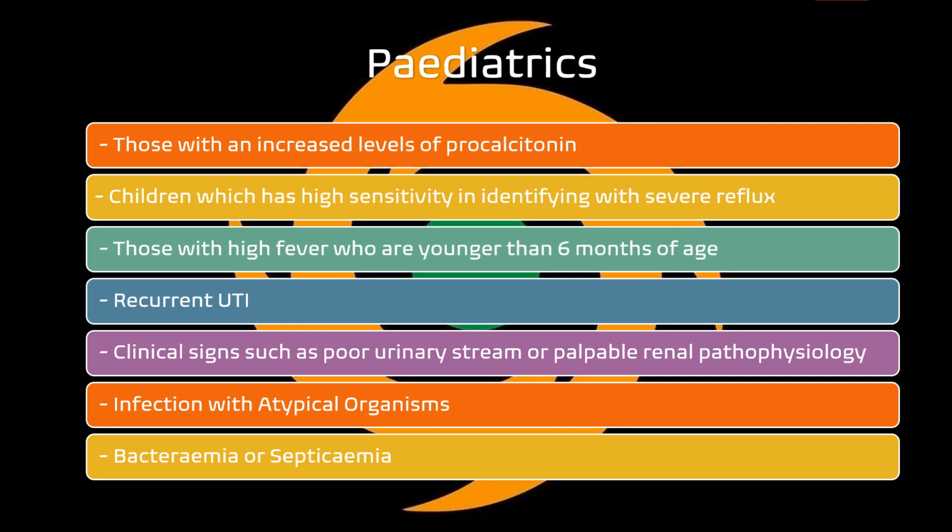Children or young people can have a higher sensitivity in identifying severe reflux, and those with a high fever who are younger than 6 months of age, and where there are recurrent urinary tract infections, where there are clinical signs such as poor urinary stream or palpable renal pathophysiology, infection with atypical organisms, and where there's evidence of bacteremia and or septicemia as well.